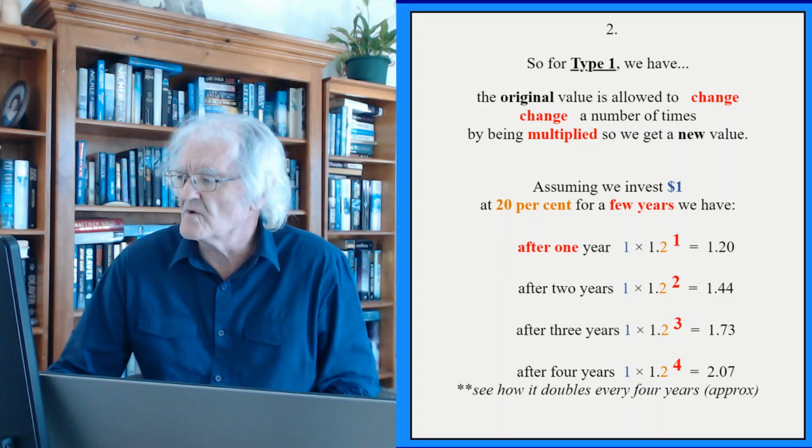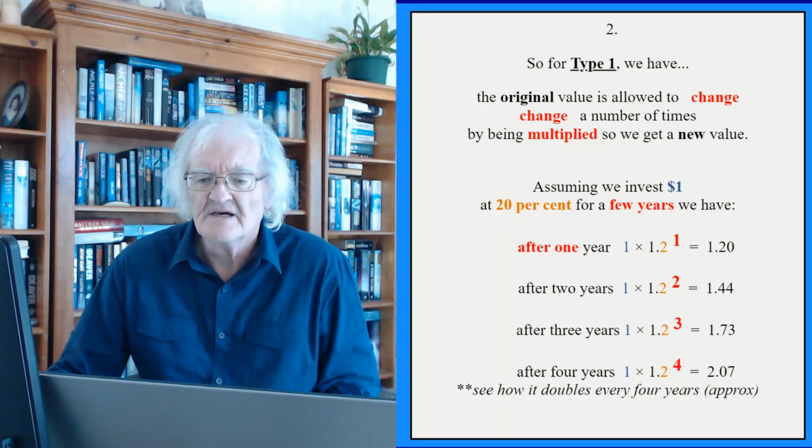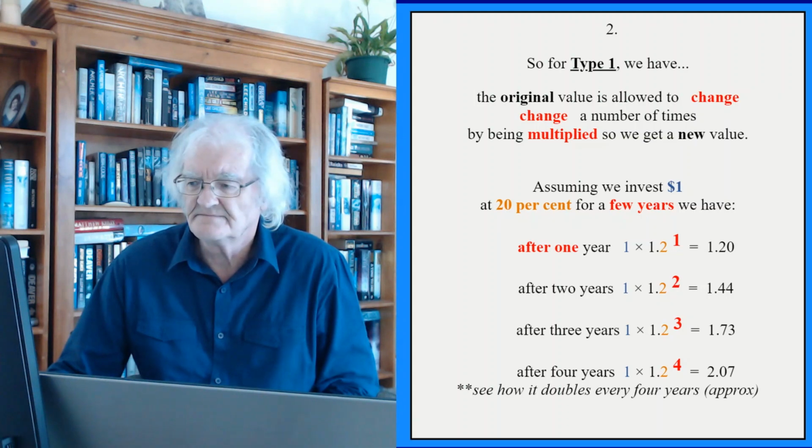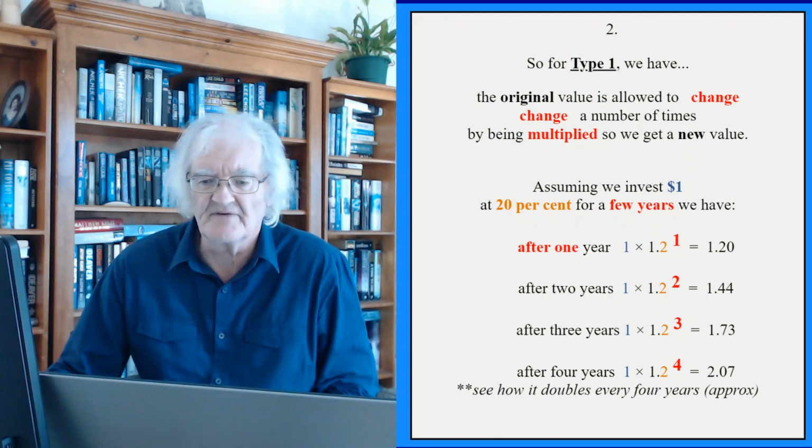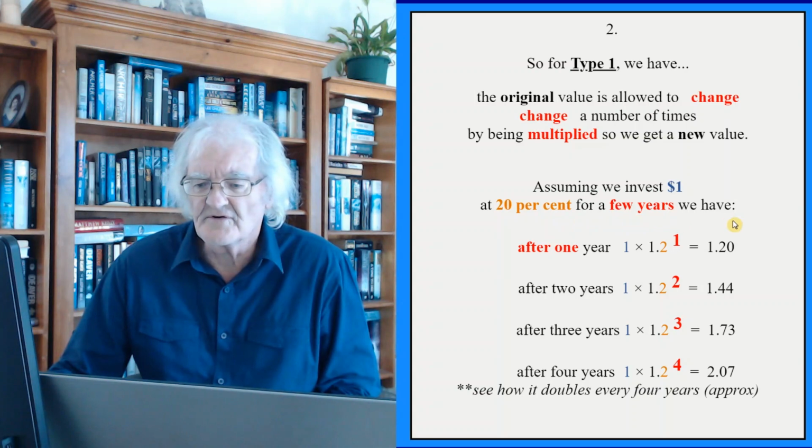So for type 1, we have the original value is allowed to change a number of times by being multiplied. So we're able to get a new value. Assuming we invest $1 at 20% for a few years, we have the following.